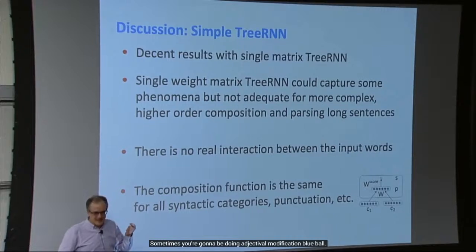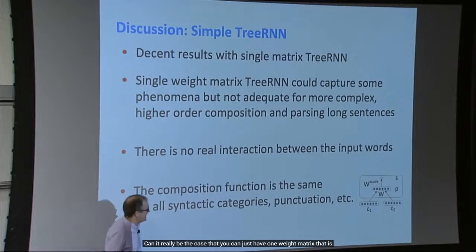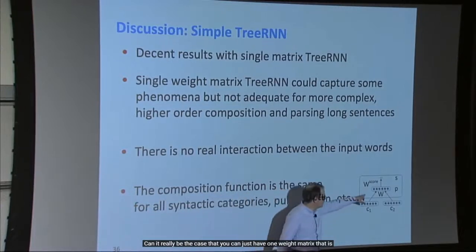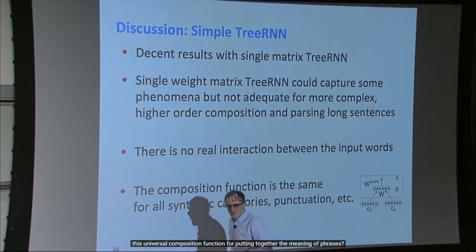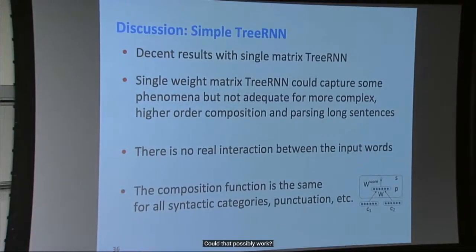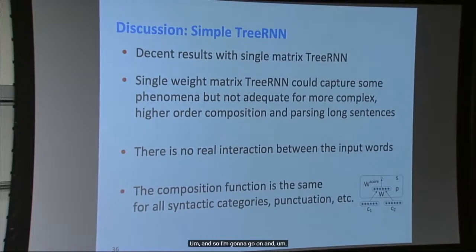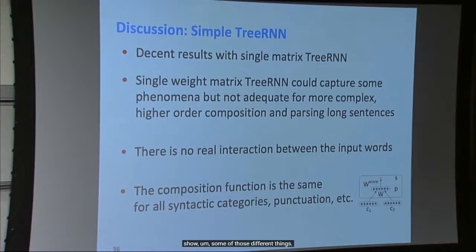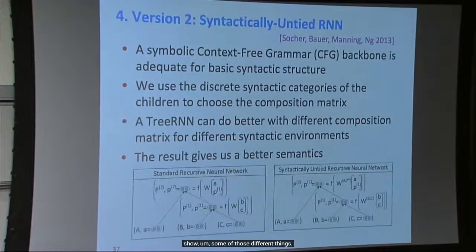Sometimes you're doing adjectival modification, blue ball. These things are very different in their semantics. Can it really be the case that you can have one weight matrix that is this universal composition function for putting together the meaning of phrases? Could that possibly work? You might suspect it doesn't. So I'm going to go on and show some of those different things.